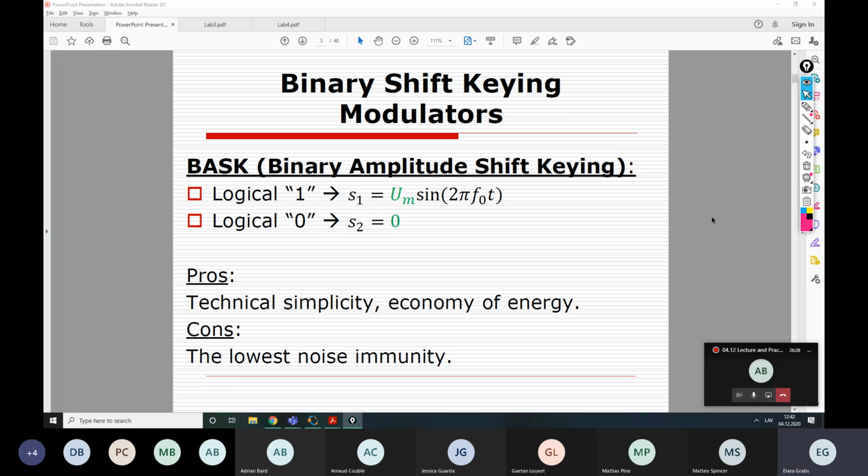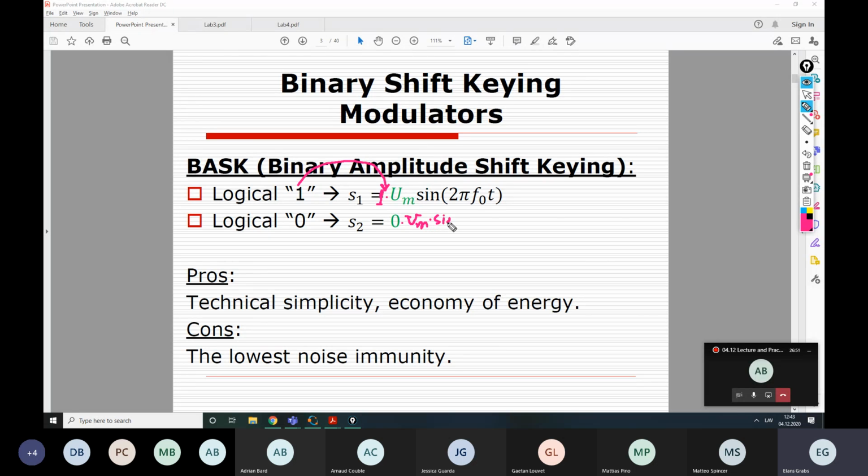So, also, we can basically say that in binary amplitude shift keying, we are putting this logical symbol as a factor before this signal. So in this case, we are multiplying this signal by 1. And in this case, we multiply this signal by 0, the very same signal.